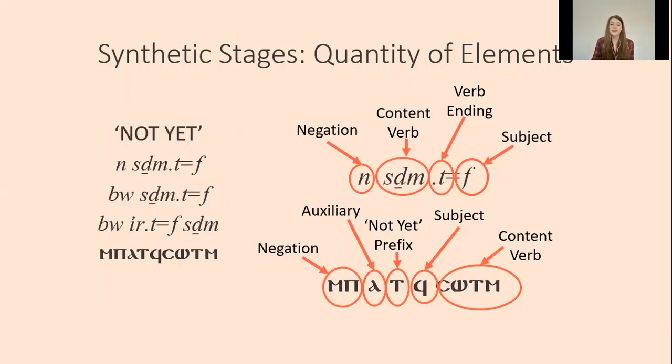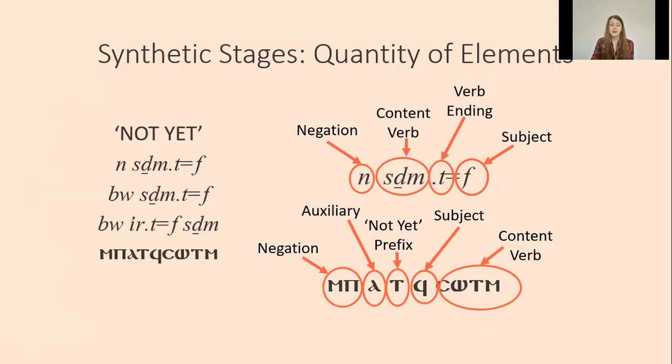Every other construction has a different quantity of elements making up the forms in each of their synthetic stages, primarily with a higher quantity in the second synthetic form than in the first one. For most of these, the later form contained 1 more element than the earlier one. For example, the earliest synthetic form of the not yet construction, en sejemetef, contains 4 elements: the negative marker n, the content verb, the verb ending t, and the subject, while the later synthetic form had 5 elements.